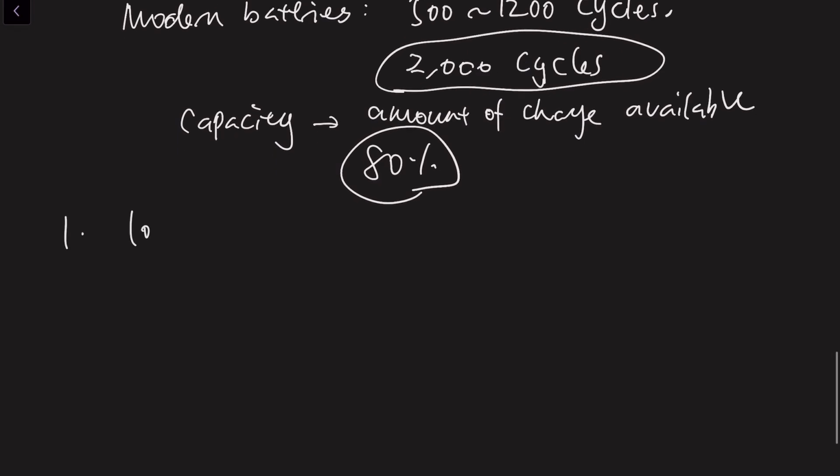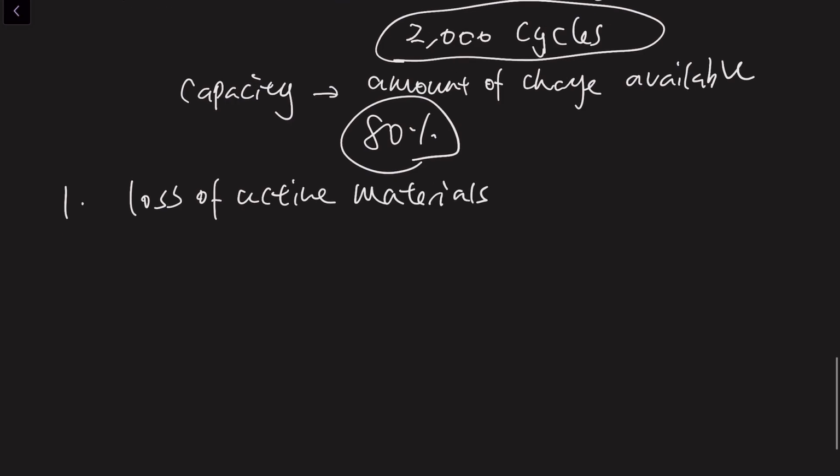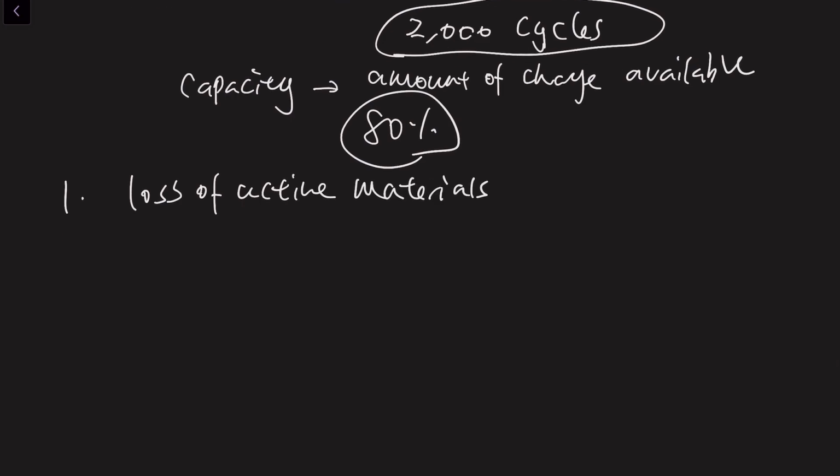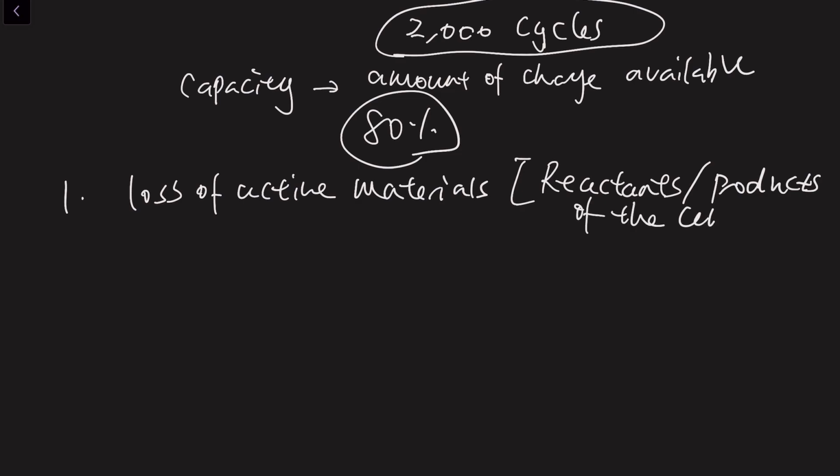So the first factor is loss of active materials. And by active materials, we know that it is the reactants and products of the cell reaction.